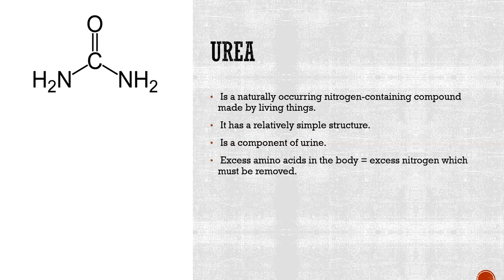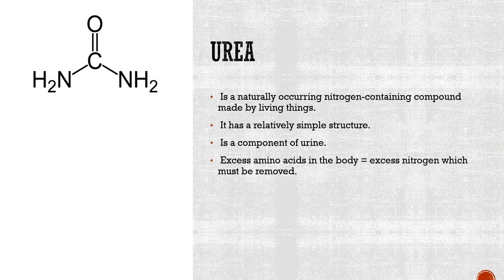Excess amino acids in the body equals excess nitrogen, which has got to be removed. So in our metabolism, we're breaking down proteins. We need to remove excess amino acids. A key component of amino acids is nitrogen, and somehow we need to remove that nitrogen.